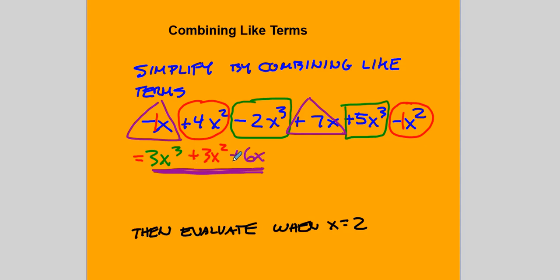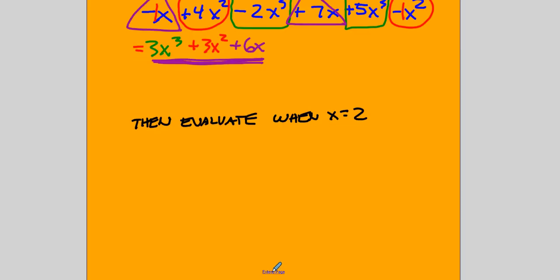You cannot combine x squares and x cubes and x's. But when I give you a value for x, then you can evaluate it. So when x is 2, what I do is I replace x with 2. So I have 3 times 2 cubed, replacing this with 2, replacing this with 2, replacing this with 2, plus 3 times 2 squared, plus 6 times 2.